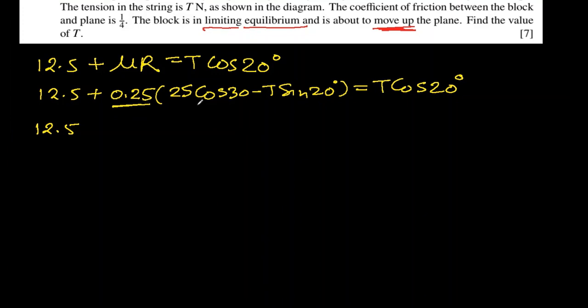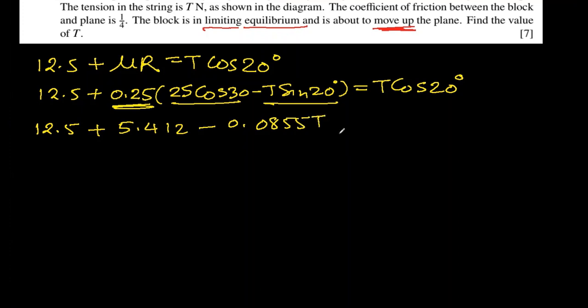12.5, plus 0.25 times 25 cos 30 will be 5.412. Now 0.25 multiplied by minus T sine 20 will be minus 0.0855 T, equal to cos 20, 0.939 T. Since T's are unknown, let's combine these two and add these two.